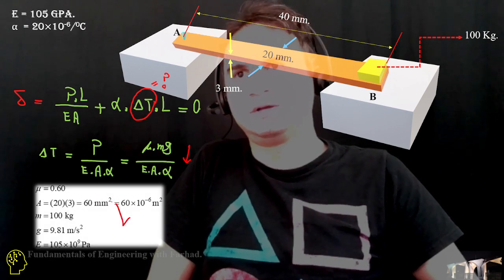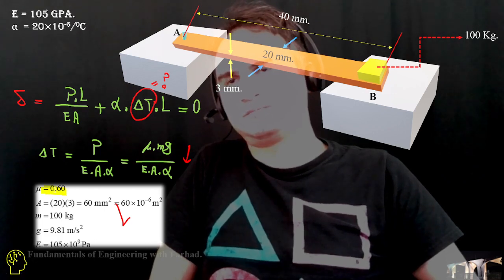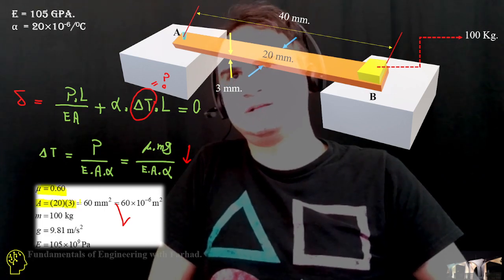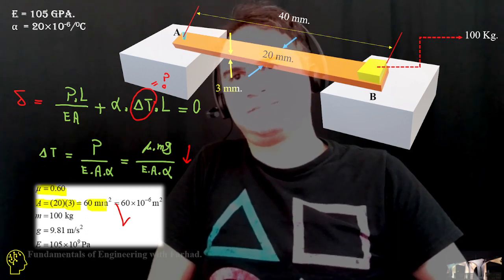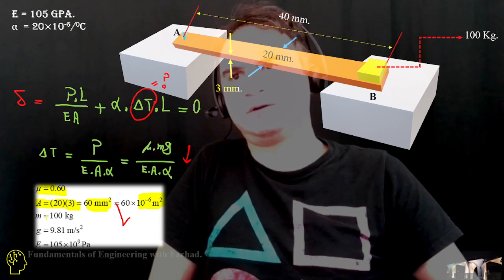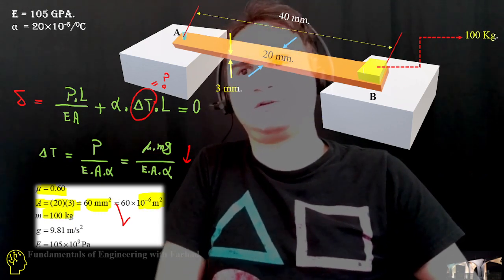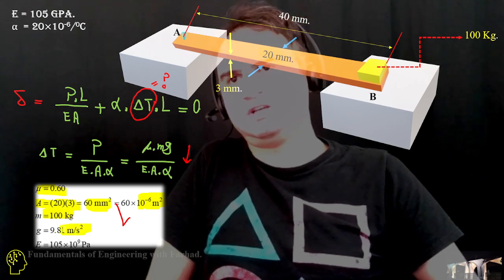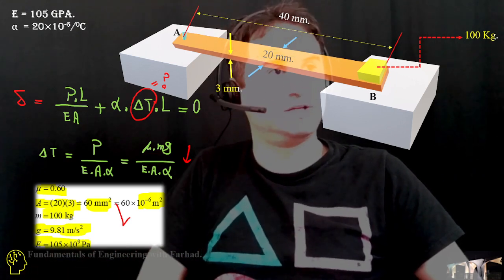Given the geometry of the problem and all the information from the problem statement, mu is 0.06, the area is 20 times 3, that's 60 square millimeters, converted to square meters, the weight of the metal piece with g in SI units, and E, which is 105 times 10 to the 9, or gigapascal.